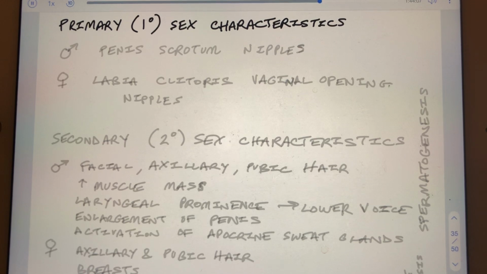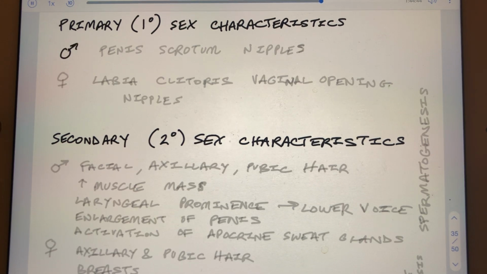They are expressed at birth, okay? Whereas secondary sex characteristics are outward expressions of sex, but not necessarily gender, biological sex, that is, that do not become expressed until puberty, okay?